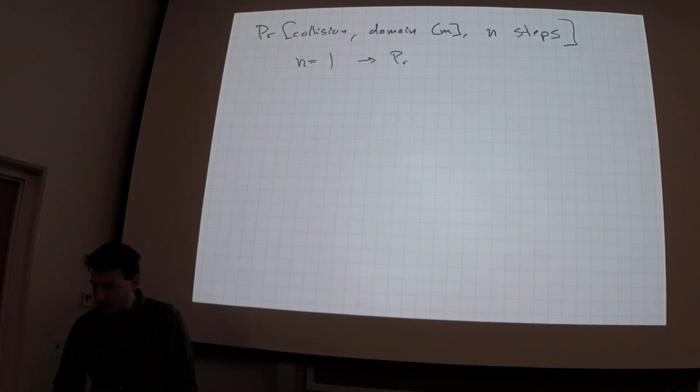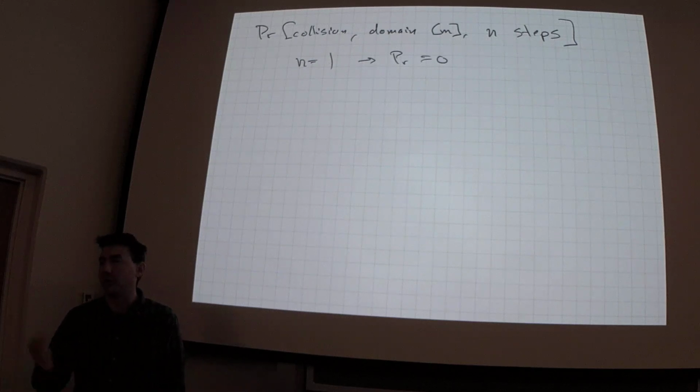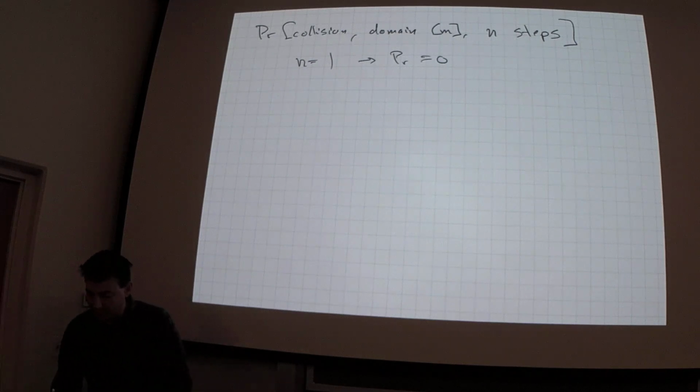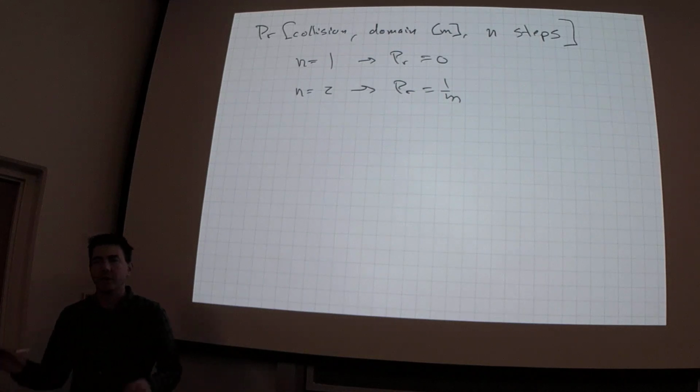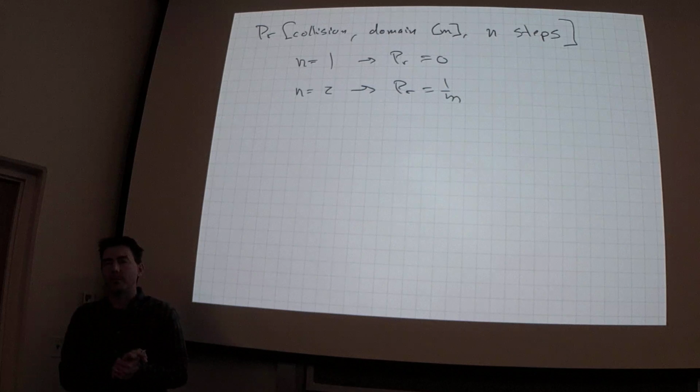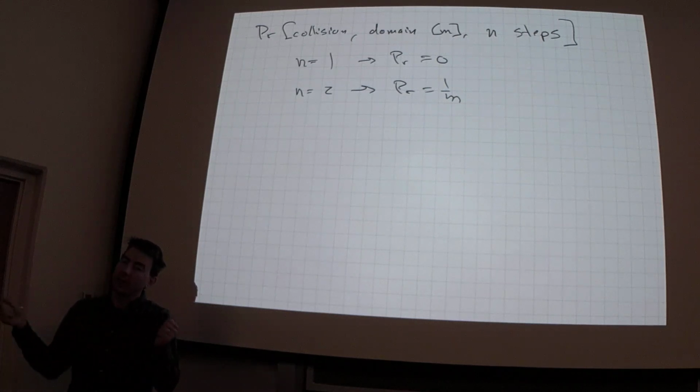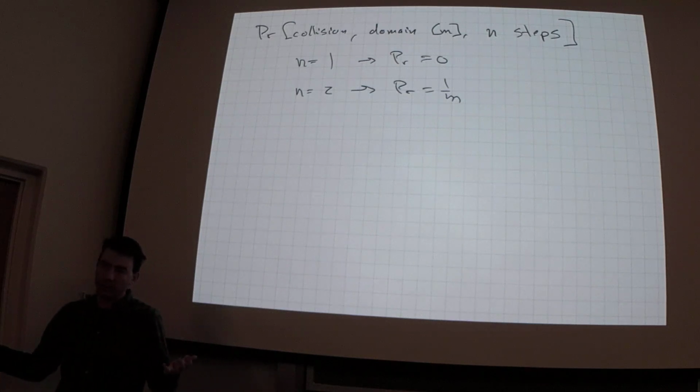Then the probability is equal to 0, because I can't have one birthday in a collision. With n equals 2, the probability is 1 over m. The first person just picks some random number, and the probability that the second person matches theirs is 1 out of m possible birthdays.